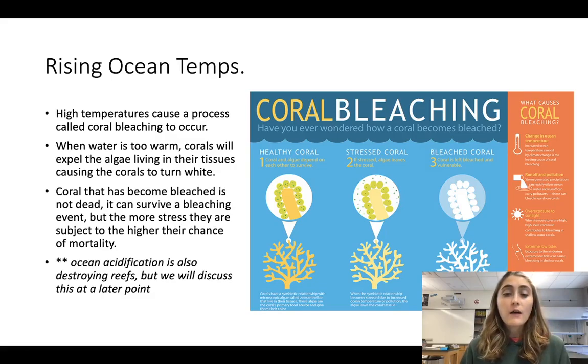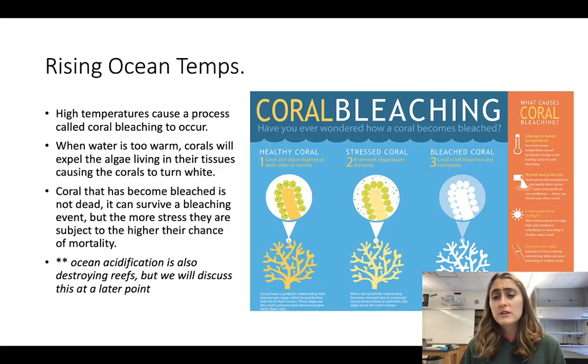So healthy coral depend on algae to survive. What happens though when ocean temperatures rise is that algae doesn't like that shift in temperature. It's outside of their range of tolerance. It makes them uncomfortable, so they'll leave the coral to try to find cooler temperatures. As soon as the algae leaves the coral, though, the coral no longer has anything to feed on.